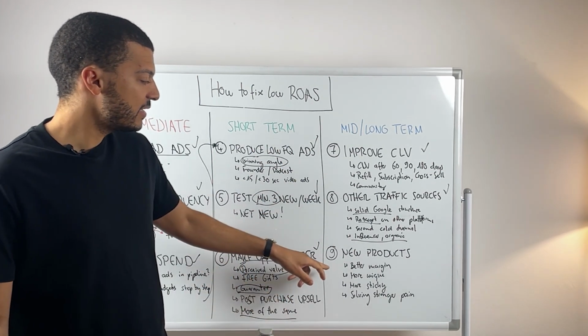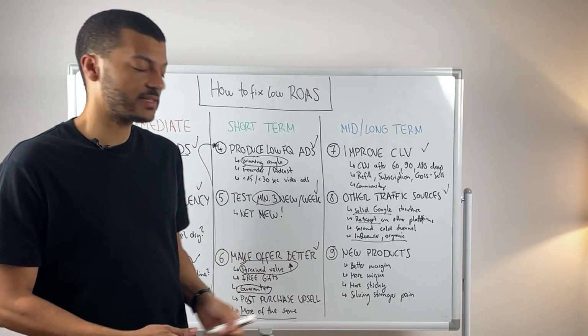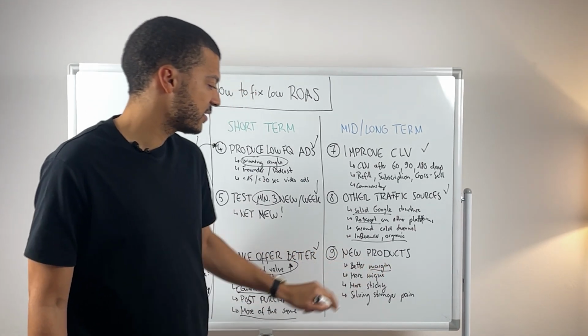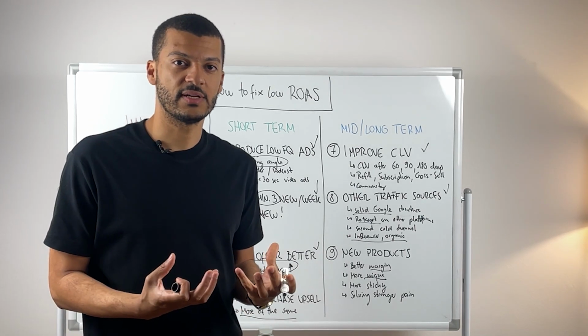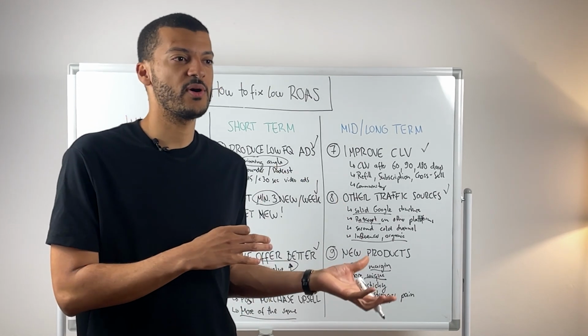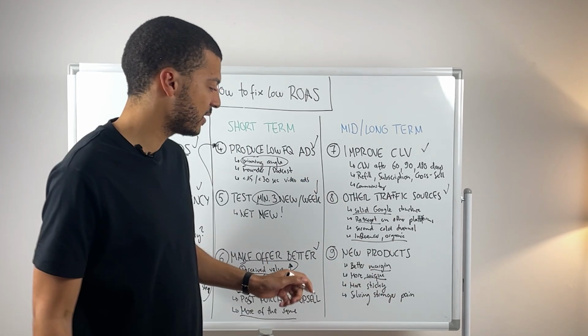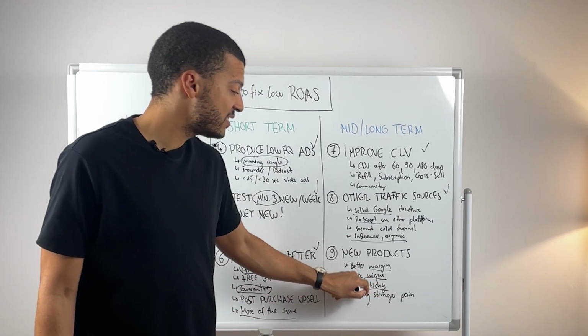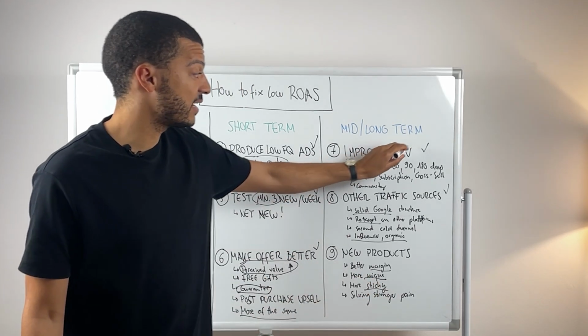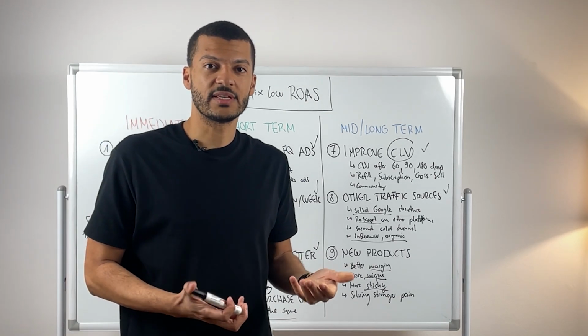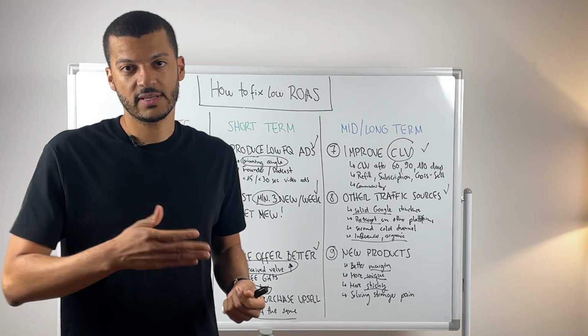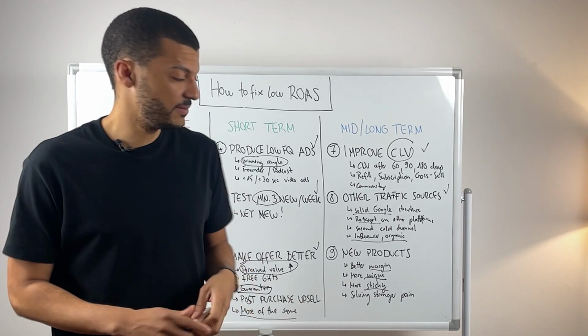So to find products with better margins, that are more unique, that have a unique formula, that is not just a rip-off of something that's already out there, that are more sticky, speaking of customer lifetime value, just products that once people use them, they love them so much, they come back by themselves, basically.